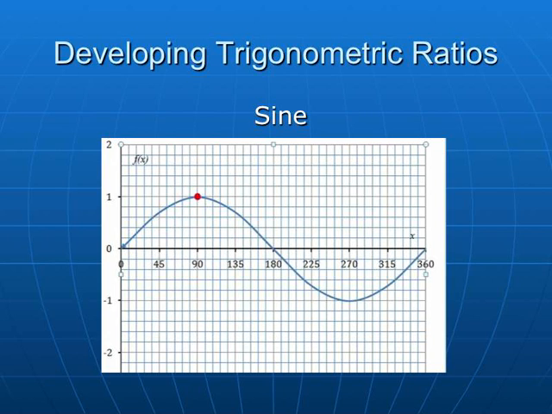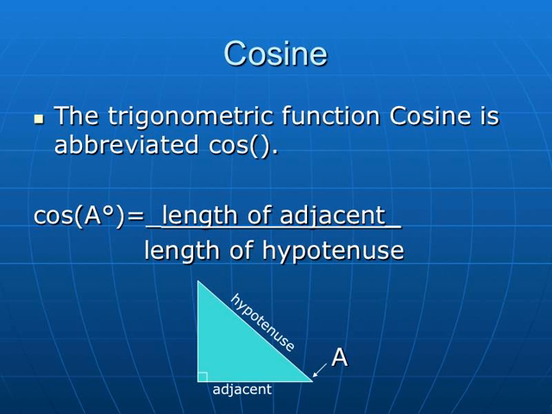Yeah, so the opposite side of the 90-degree angle is the hypotenuse, and so it's the length of the hypotenuse over the length of the hypotenuse, which is 1. Okay? Why is 180 degrees 0? That's a straight line. Yeah, you can't take the sine of a straight line. Okay, so that's sine.